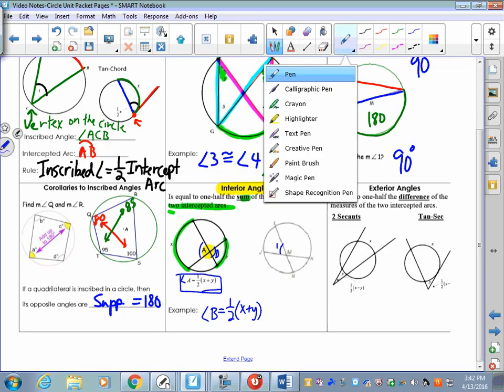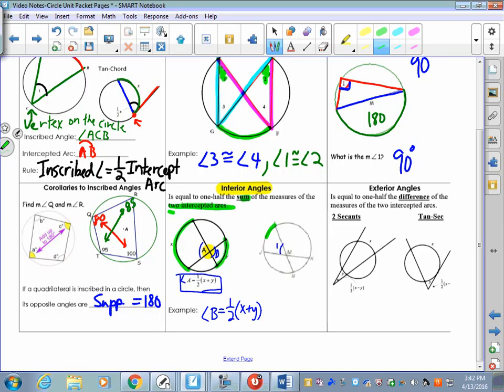The intercepted arc for this angle would be from L to J. And since we have a vertical angle, we're going to use its vertical intercepted arc, which is N to K. So the measure of angle 1 is going to be half of the measure of arc LJ plus arc NK. We take half the sum.